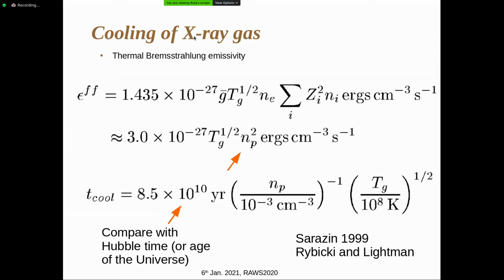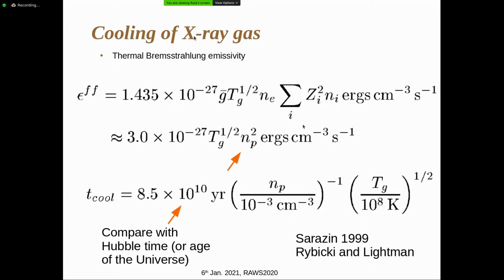The square of the density makes it very difficult to detect any emission from the outskirts of galaxy clusters, because the density of the particles, so the electrons, is going down very fast, and only the centers of the clusters are very bright. As the density falls, so does the emissivity, and thus you cannot detect the cluster beyond a certain point.